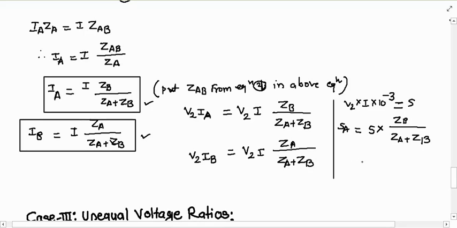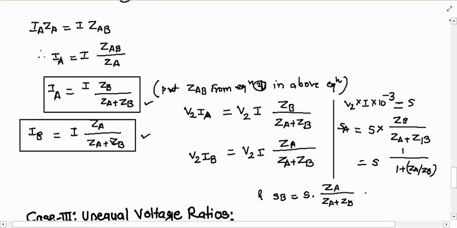Or I can write this as S into 1 upon 1 plus ZA by ZB, if I divide this by ZA. Similarly, I can write SB is equal to S into ZA divided by ZA plus ZB, which equals S into 1 upon 1 plus ZB by ZA.